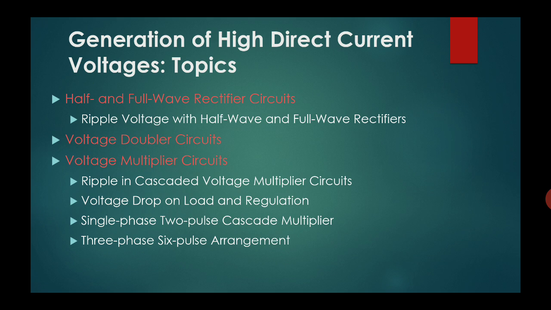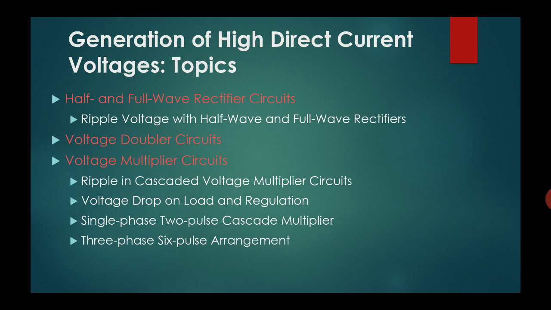Then we'll talk about a much more usable circuit called the voltage multiplier circuit. In the voltage multiplier circuit we'll be talking about different topics such as ripples in the cascade voltage multiplier circuit. We'll calculate how the ripple is calculated. Then we'll see the voltage drop on a load and regulation of this multiplier circuit.